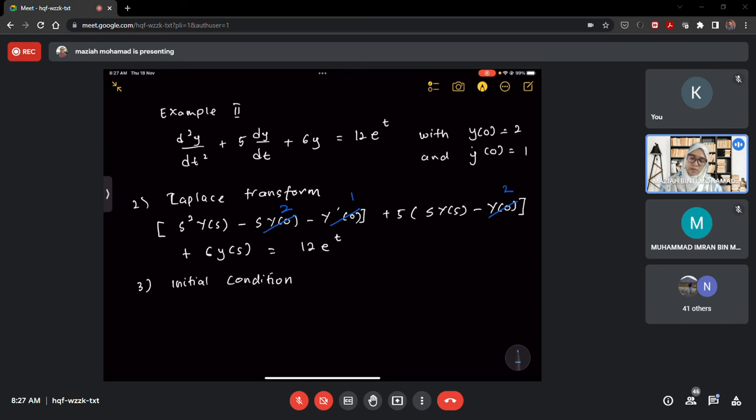Therefore our equation will become s square Y(s) minus 2s minus 1 plus 5sY(s) minus 10. Remember, 5 multiplied with 2, so minus 10, plus 6Y(s), will equal to 12 exponent t.